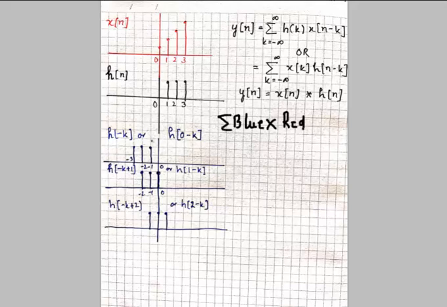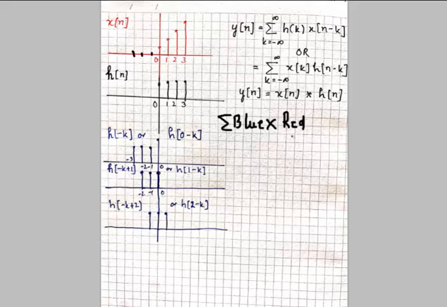If we look at the first blue signal and the red signal, we do not have any values that are common, or in other words overlapping. So if we multiply this red with this blue, everything will get to 0, because on minus 1, minus 2, minus 3 this red signal is 0, which will make all these values 0, and from 0 onwards this blue signal is 0, which will make the values in the red signal 0.